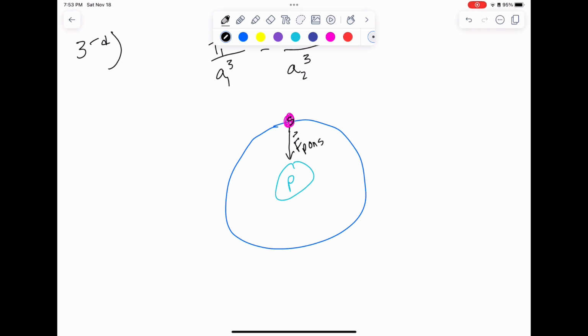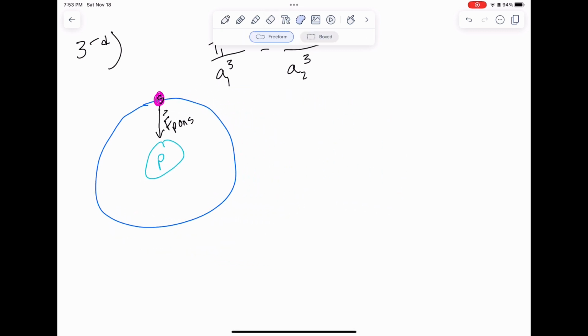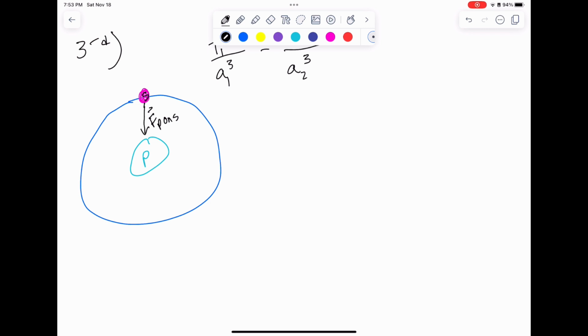Okay, so now in order to derive Kepler's third law, we can use Newton's second law, which is the sum of the forces, or net force, must be equal to our mass, in this case of the satellite, times our acceleration. This satellite is moving in a circle, so we're going to have a centripetal acceleration.